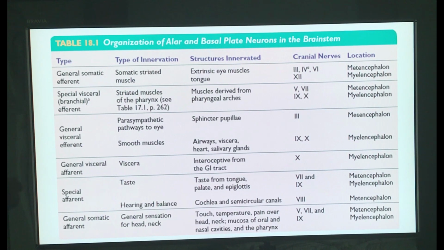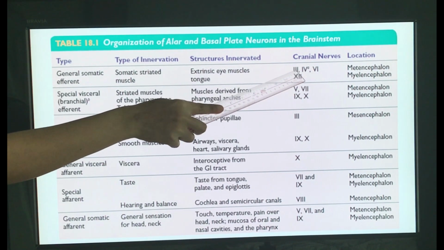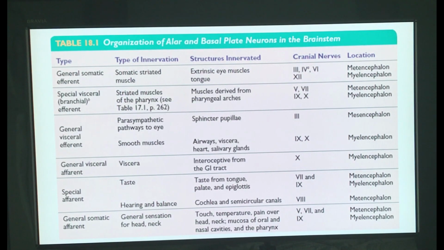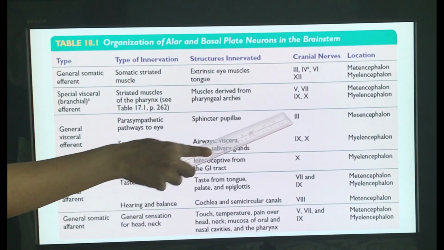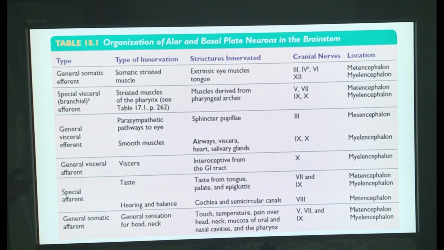The general somatic efferent mainly gives rise to the oculomotor and trochlear nuclei. Then the general visceral efferent is mainly the Edinger-Westphal nucleus, which contributes to the oculomotor nerve, the parasympathetic innervation to the sphincter pupillae. Those neurons are present in the mesencephalon.